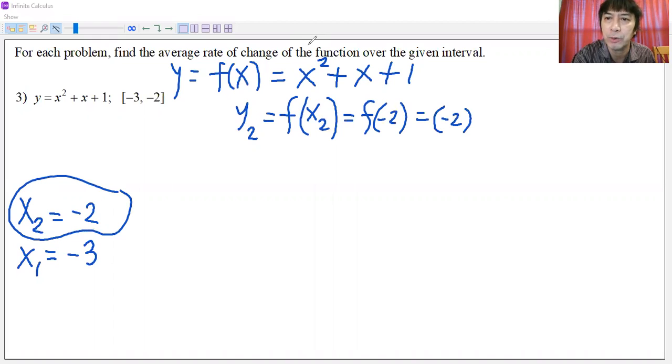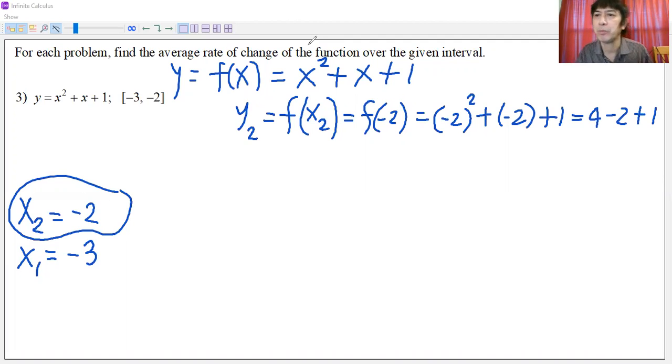Don't forget to include the negative sign. It's -2 squared plus -2 plus 1. This computes to 4 minus 2 plus 1, which makes it 5 minus 2, which is 3. And this is your y2.